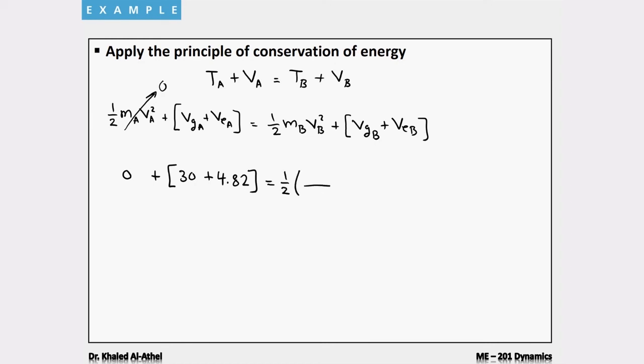Now I don't have the mass, I have the weight, which is 5, so I have to divide by the gravity, 32.2, this is in British units, VB square, plus here I have 10 plus 4.54. If you carry out the calculations for this one, you can find the final value for velocity at B, which should equal 27.16 feet per second.